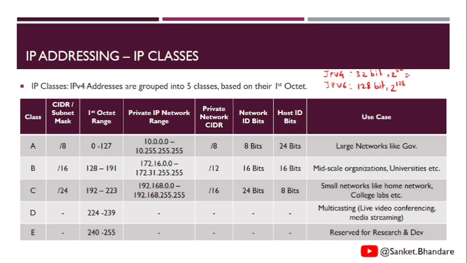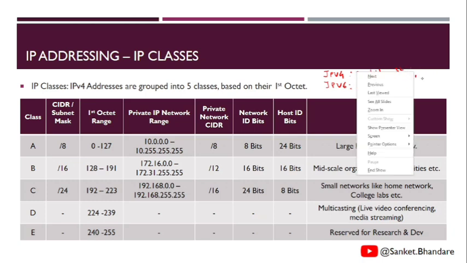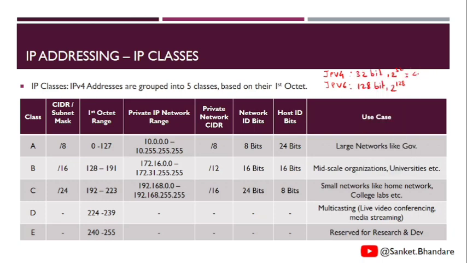In IPv4 it is somewhere around 4 billion, and in IPv6 it's a very large number.